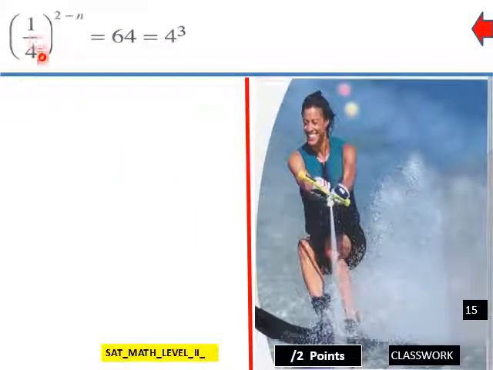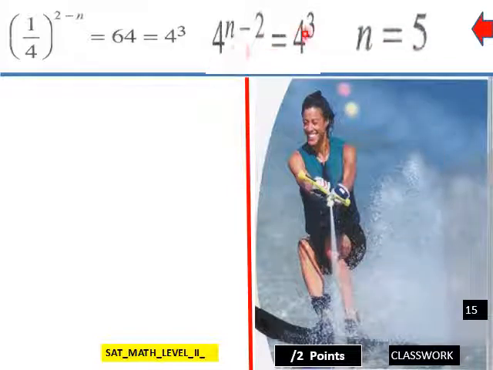So 1 over 4 to the 2 minus n would equal 64, which equals 4 to the 3rd power. 4 to the n minus 2 would equal 4 cubed. So n in this case would have to equal 5.